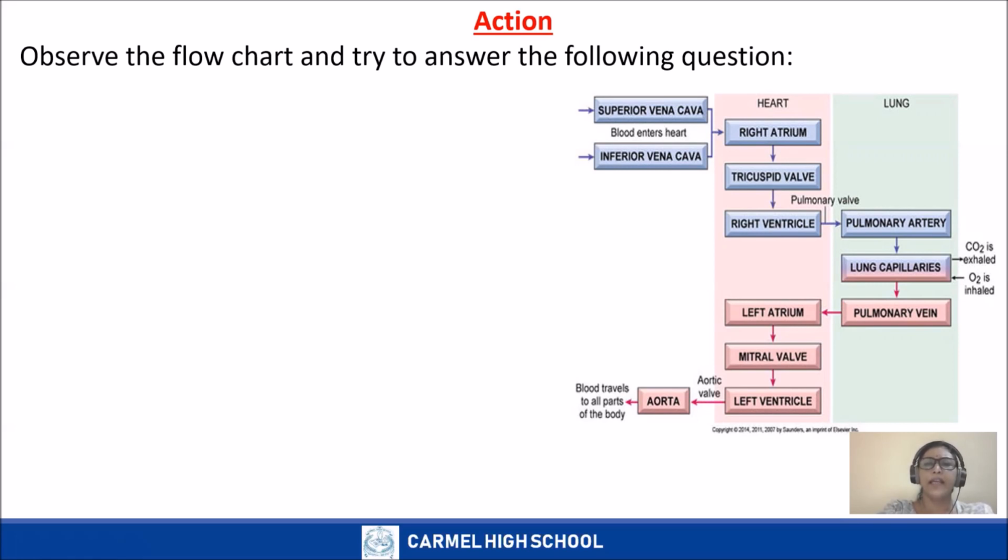It only helps unidirectional flow of blood, no reverse flow from ventricle to atrium, right? Now, between this right ventricle and the pulmonary artery, there is one more valve, the pulmonary valve. So the pulmonary valve opens and blood is forced into the pulmonary artery.